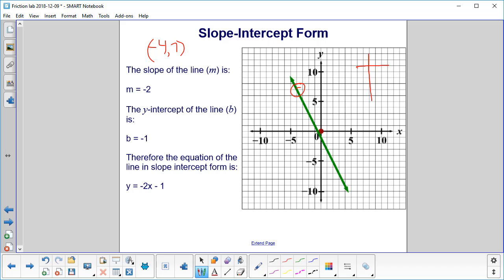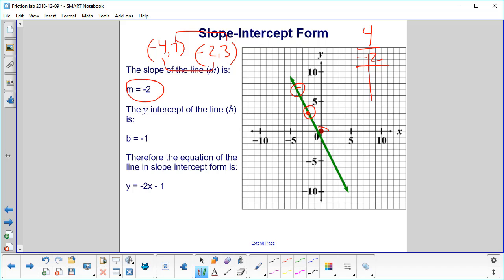Negative 2, right over here, that is (negative 2, 3). So to find the slope, we use delta y over delta x. That would be 7 minus 3, which is 4, over negative 4 minus negative 2, which is negative 2. So our slope is negative 2.